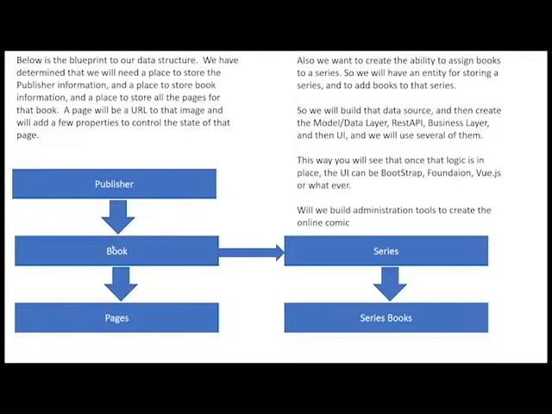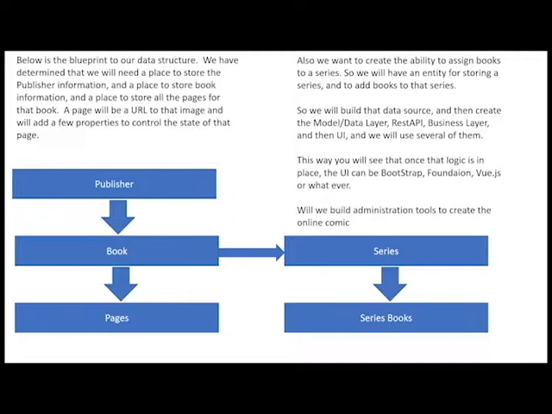And a publisher will have a book or multiple books. That's all possible. And those books will have pages. And for right now, those are URL images. As things get more creative, when you're writing the code, you can change it however you want to.